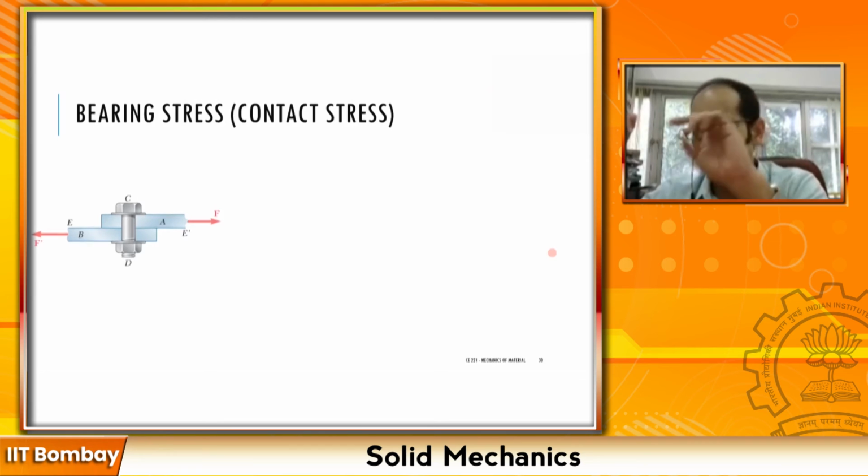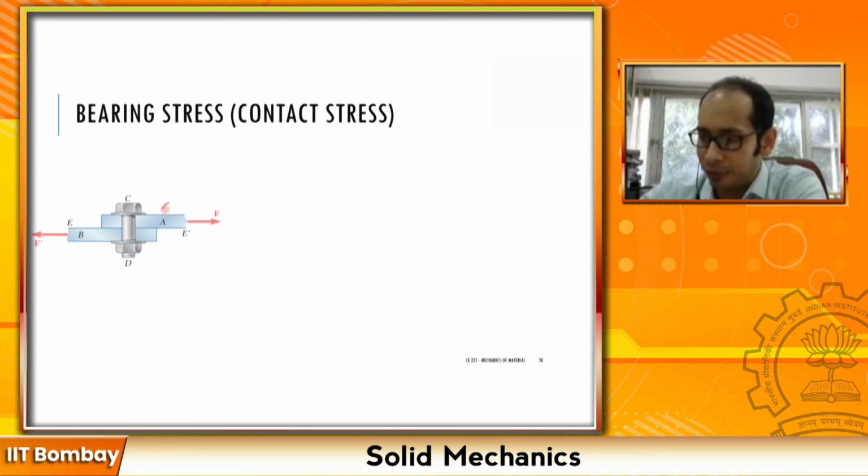So if you take a look at the bolt which we looked at in single shear, remember, if you have this bolt CD over here, and you're pulling this with a force F and an equal and opposite force over here, this plate A is applying a force on this particular face, and this plate B is applying a force on this particular face over here.